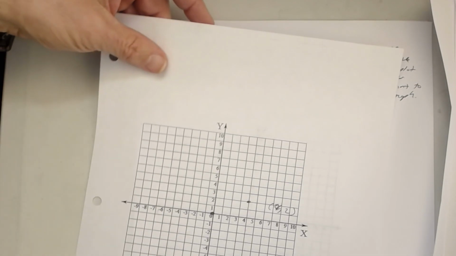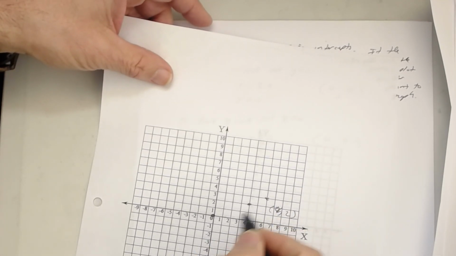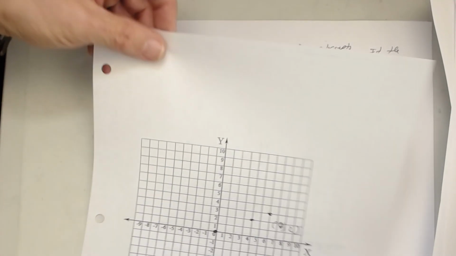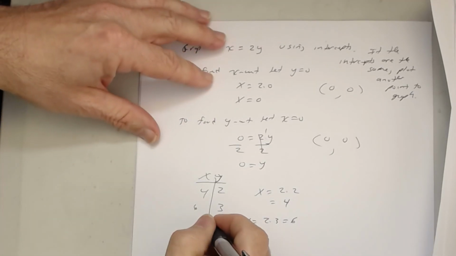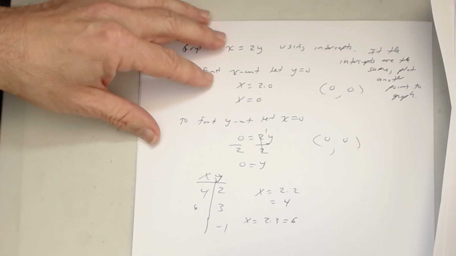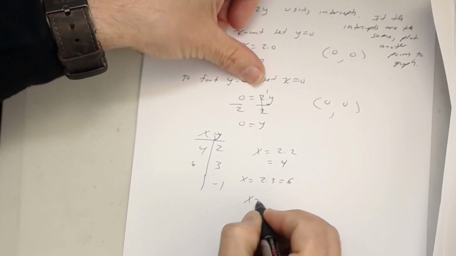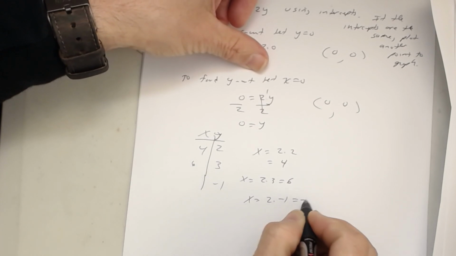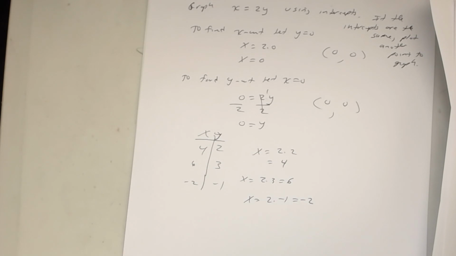It didn't matter which one I chose because look, 6, 3 still lies on the same line, doesn't it? Someone else could have chosen what value for y? -1, right? If y is -1, I would get x equals 2 times -1, which is -2. So then I'll plot the point -2, -1.